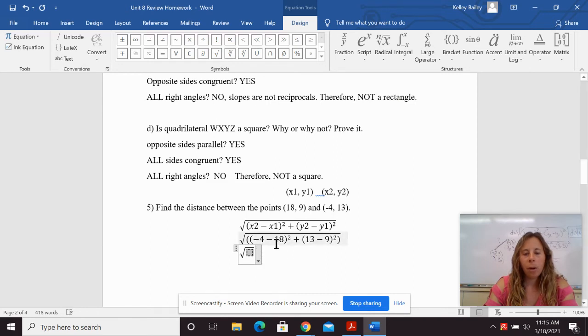So then I have negative 4 minus 18. We're going to get a bigger negative number, that is negative 22. Be careful with your negatives. Squared plus 13 minus 9.